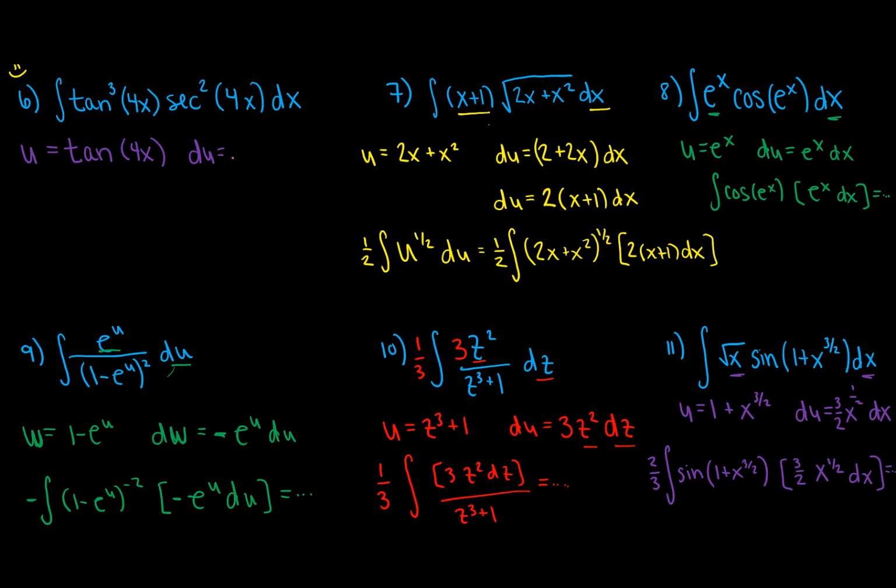So that means that du would be the secant squared of 4x times 4 dx. So this goes to my du, this goes to my du, and then this would be my u cubed.